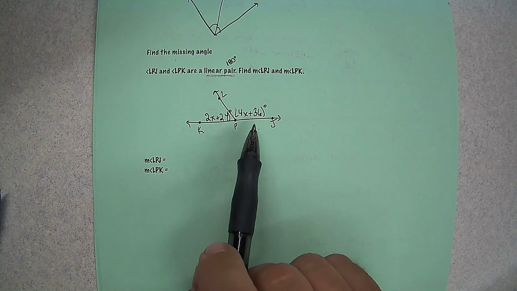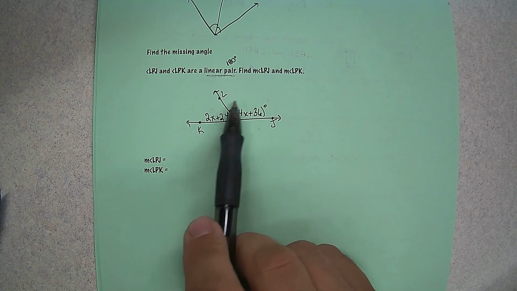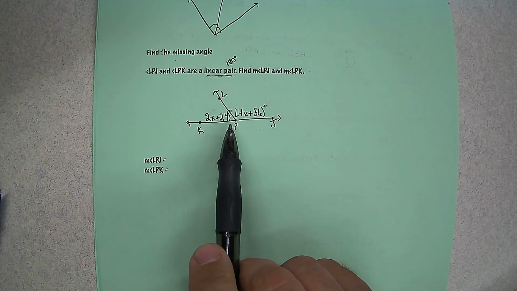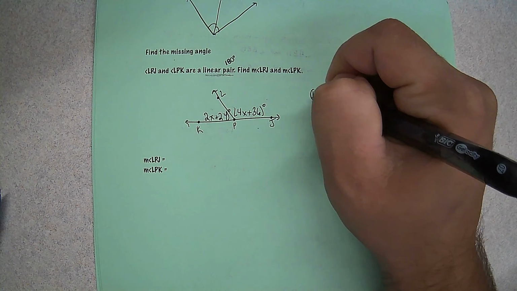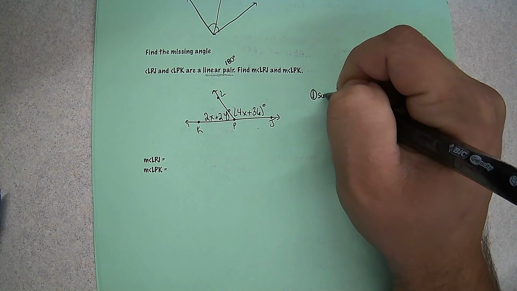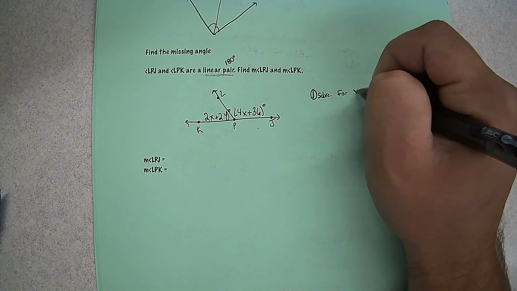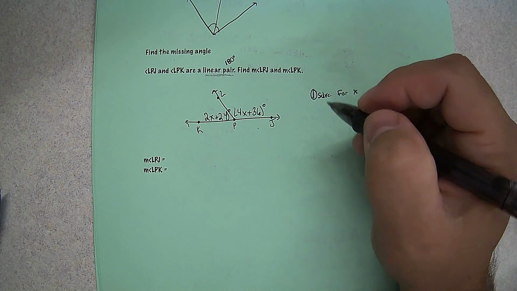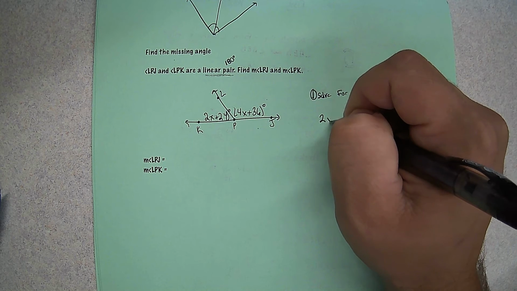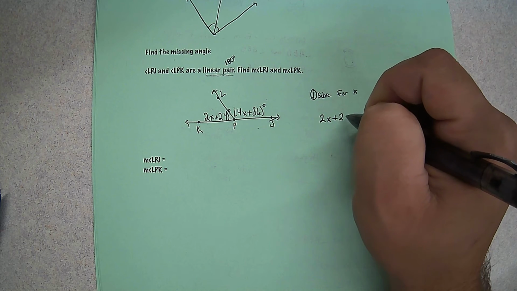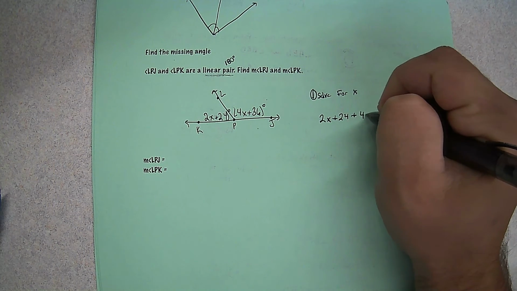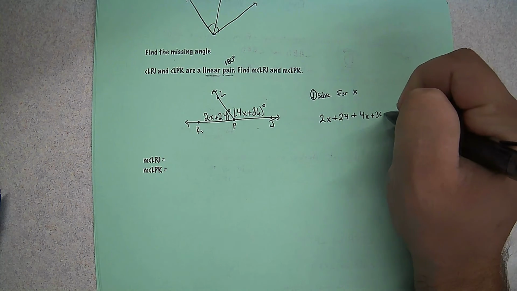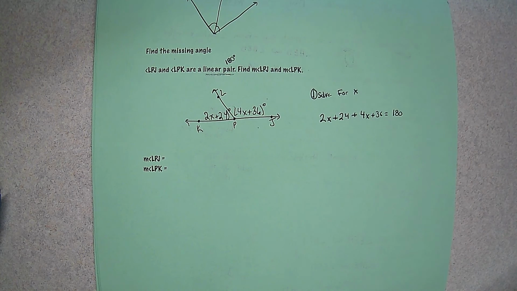Just like we did with measuring angles last time, we add these two pieces up and they're going to add up to 180 degrees. So first we're going to solve for x. We take our 2x plus 24 plus 4x plus 36, and we know that's going to add up to 180 degrees because it's a linear pair.